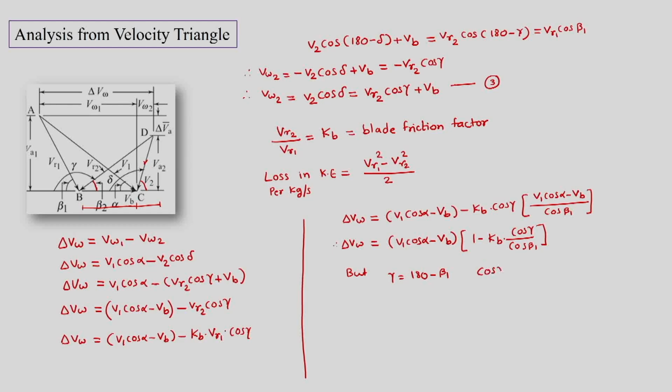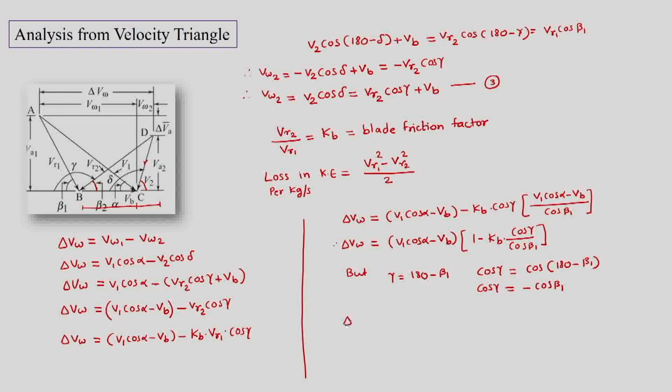So cos gamma is equal to cos of 180 minus beta 1, which gives cos gamma equal to minus cos of beta 1.